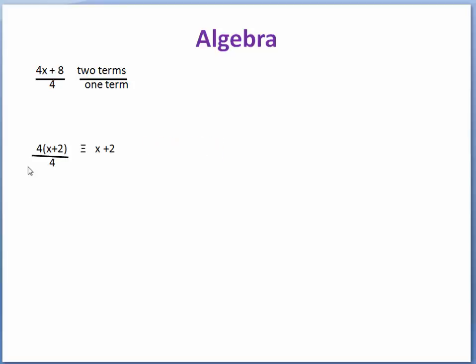So what we have to do is convert this into one term at the top. We do that by factorizing. Take the common 4 out, left with (x + 2). That's now one term. Divide by 4. Cancel the 4s and we're left with x + 2.